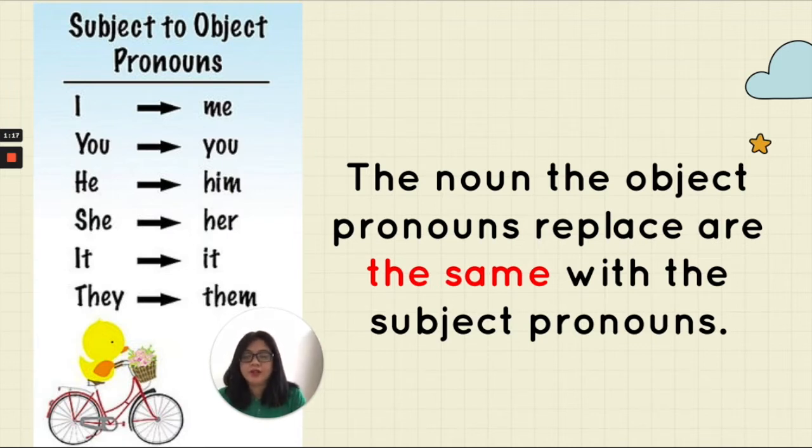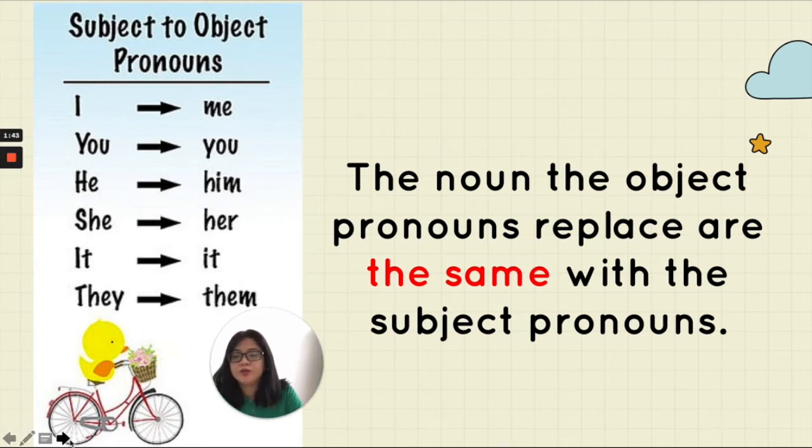For example, the word I is the subject pronoun. Instead of using I, you will use the word me. By the way, you and it will still be the same for subject and object pronouns. He will become him for object pronouns. She will become her, and then they will become them.